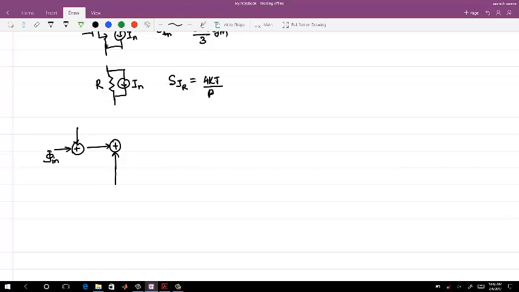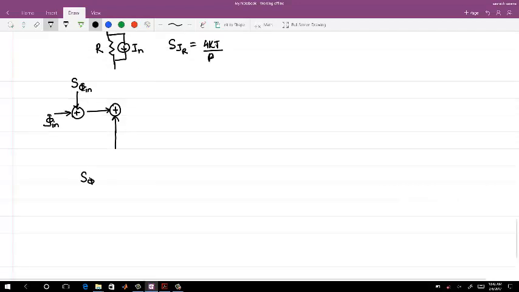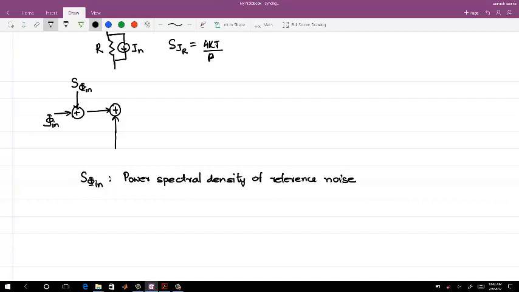S is the noise spectral density, so S of phi in is the power spectral density of reference noise, and this should be in proper dimension.